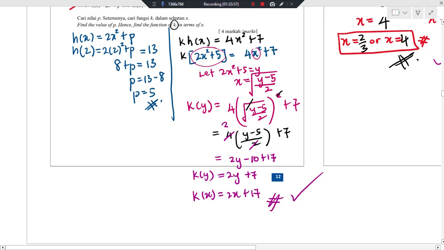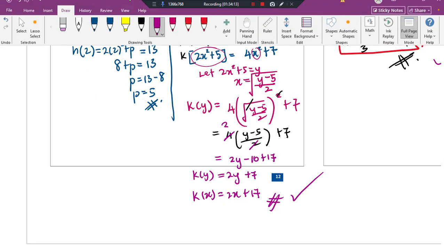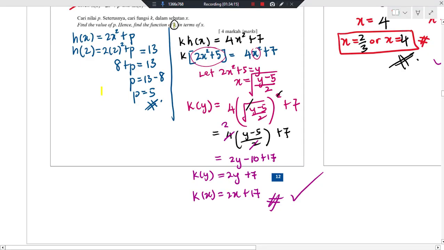Okay, we want to find the function of k. So this one k. Jadi kita tulis dulu kh(x) adalah 4x squared plus 7. Lepas tu what is h(x)? 2x squared plus 5. Lepas tu kita let lah 2x squared plus 5 ni y. And then you need to find for the x also, right? So that you substitute left hand side and also right hand side. So your x is y minus 5, and then 2 multiply here, go here, divide, square going there, square root.